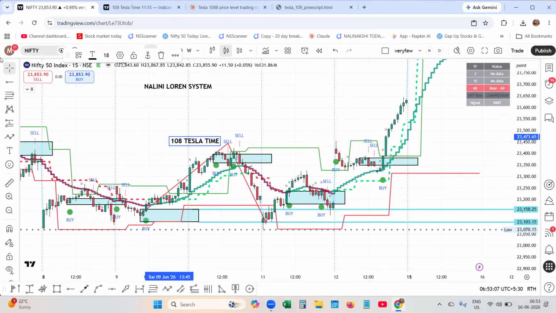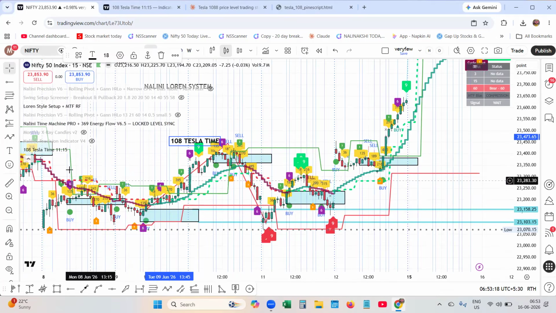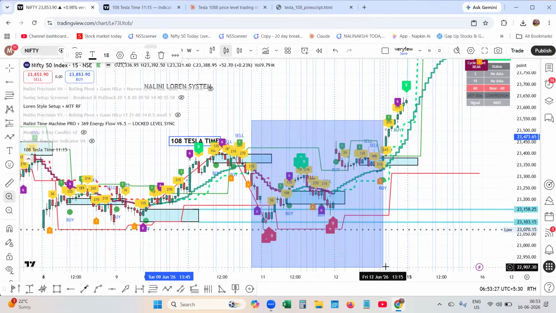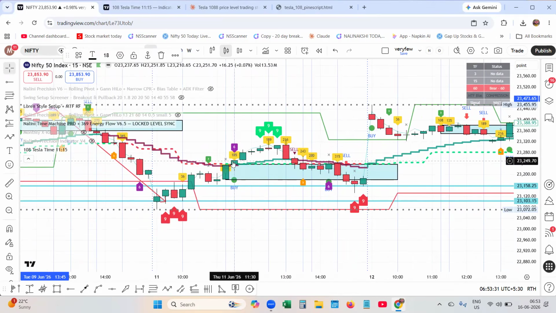Instead of that, I am applying the NALINI time machine. Let me apply it and zoom out so that you can see clearly. This is the NALINI 108 Tesla time, and this is the zone.